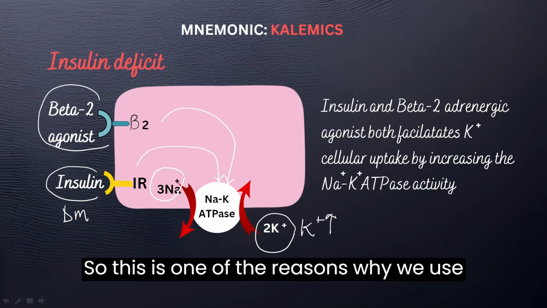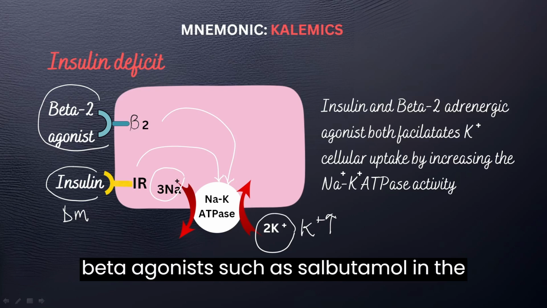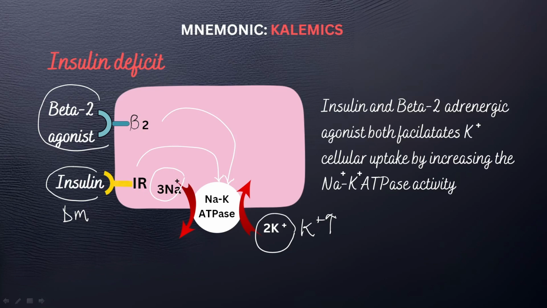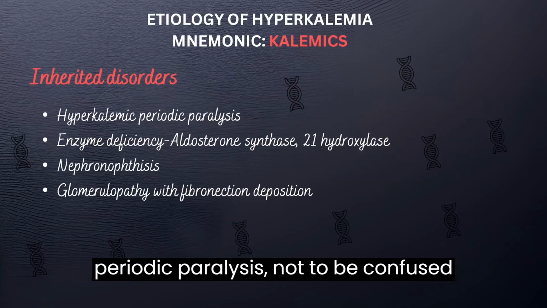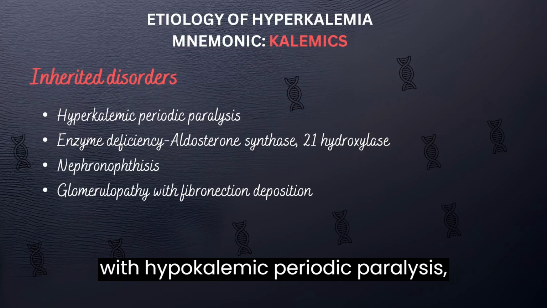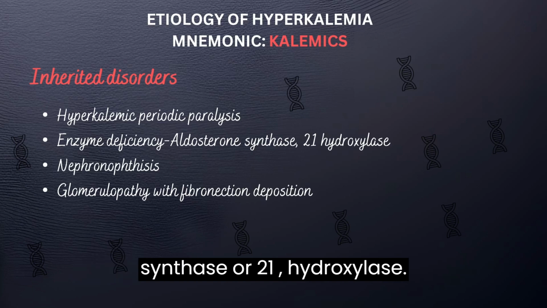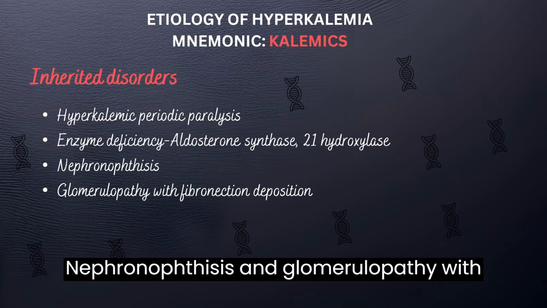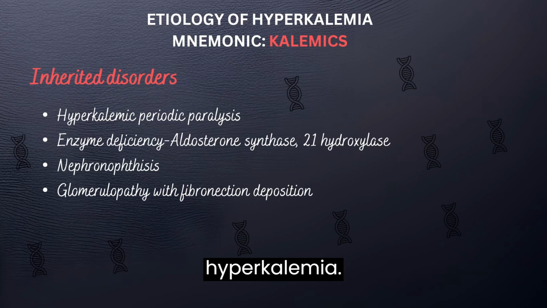So this is one of the reasons why we use both insulin as well as beta agonists such as salbutamol in the treatment of hyperkalemia. Inherited disorders such as hyperkalemic periodic paralysis, not to be confused with hypokalemic periodic paralysis, enzyme deficiencies such as aldosterone synthase or 21-hydroxylase, nephronophthisis, and glomerulopathy with fibronectin deposition may also cause hyperkalemia.